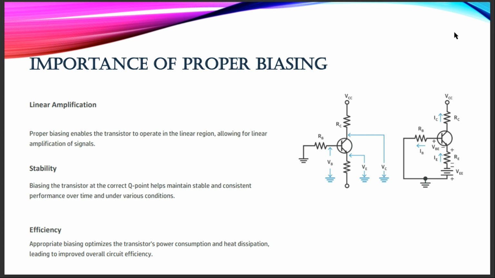Stability: biasing the transistor at the correct Q point helps maintain stable and consistent performance over time and under various conditions. Efficiency: appropriate biasing optimizes the transistor's power consumption and heat dissipation, leading to improved overall circuit efficiency.